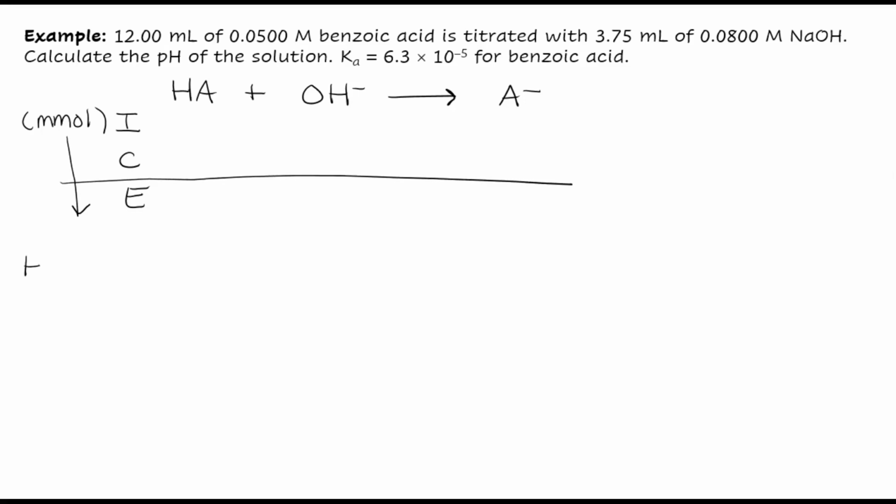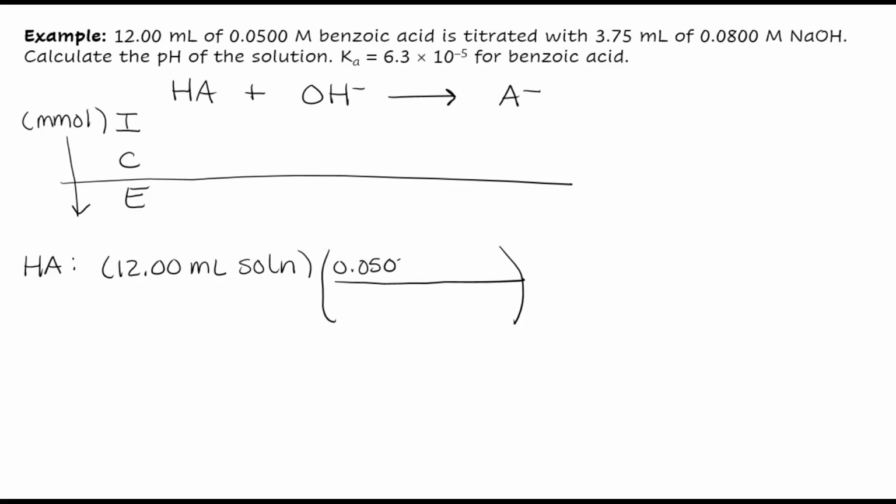We need to calculate the millimoles to fill into the table. For HA, we have 12 milliliters of solution times the molarity of the HA, which is 0.0500 moles of HA per liter of solution. The liters of solution will cancel, leaving us with milli and moles.